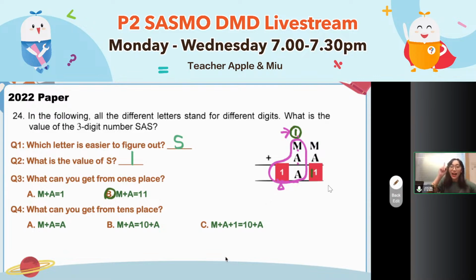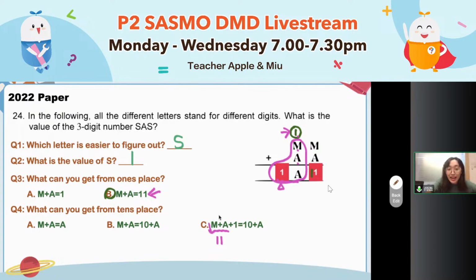Everyone, just now we already figured out the value of M plus A. Can you tell me what is the value of M plus A? Yes, from ones place, we can get M plus A equals 11. So 11 plus 1 equals 10 plus A.